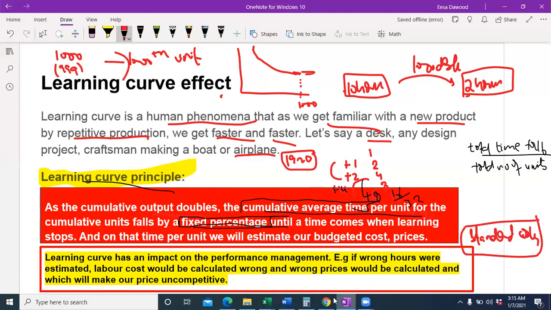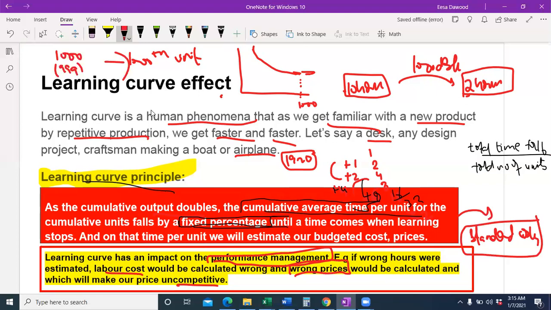So definitely my labor cost would be wrong. That will have an impact upon my total cost, or maybe I'll be setting wrong prices and my price would be uncompetitive. So it is linked to performance management. It is linked to accurate budgeting and setting accurate costs and accurate prices.